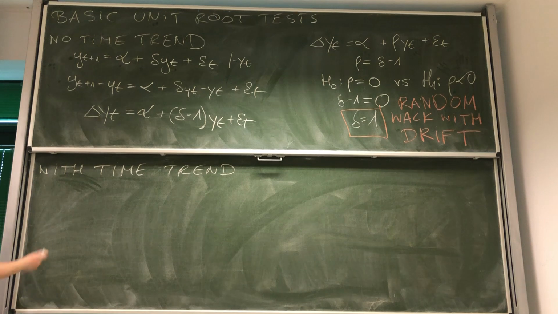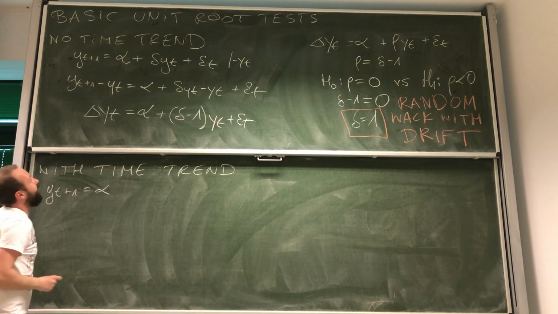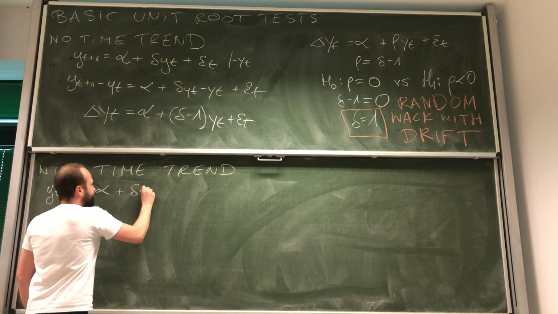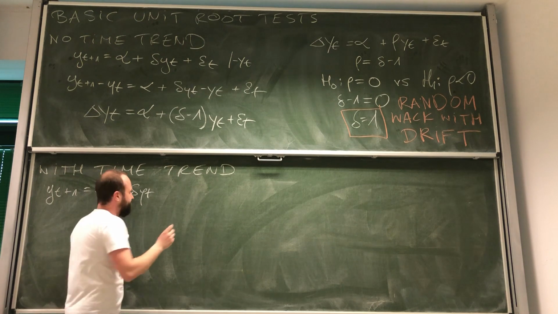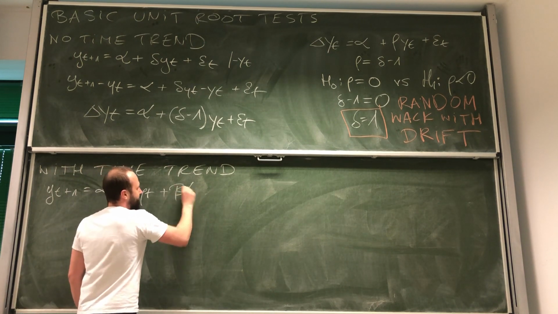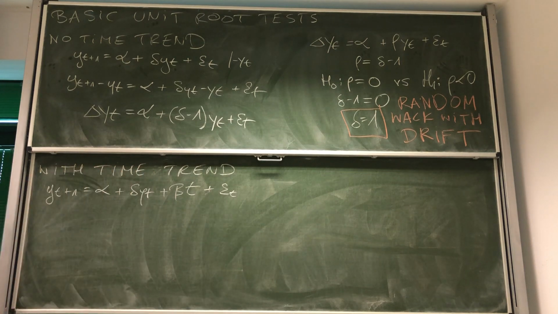Okay, how do we do it? So now we're assuming that y_{t+1} is equal to some alpha plus delta y_t. The new thing that appears over here is plus beta t, and of course, a random disturbance.